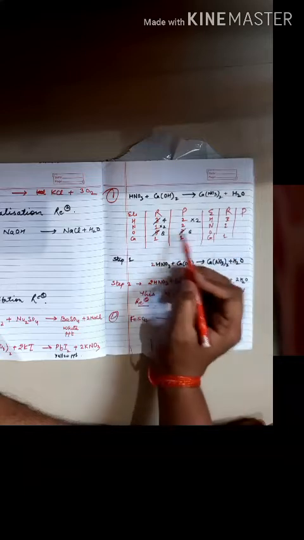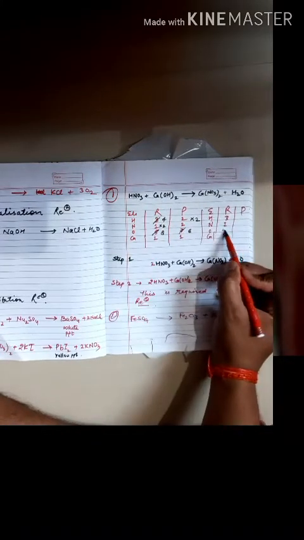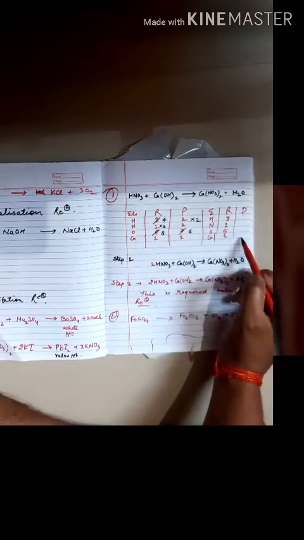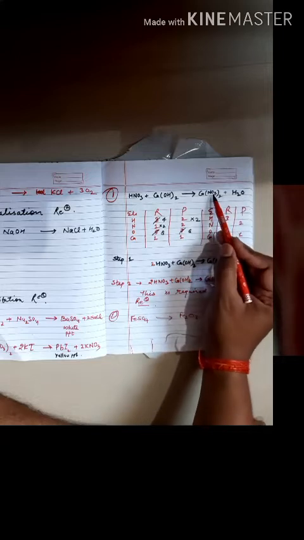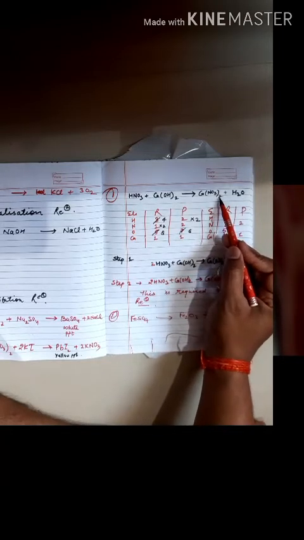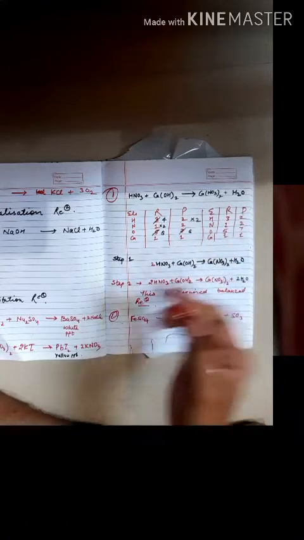Ca is 1, and oxygen is 2, 2 and 3, so 5 oxygen. On the product side Ca is 1, nitrogen is 2, oxygen is 3 into 2, 6, plus 1, 7, and hydrogen is 2. So students, you understand.